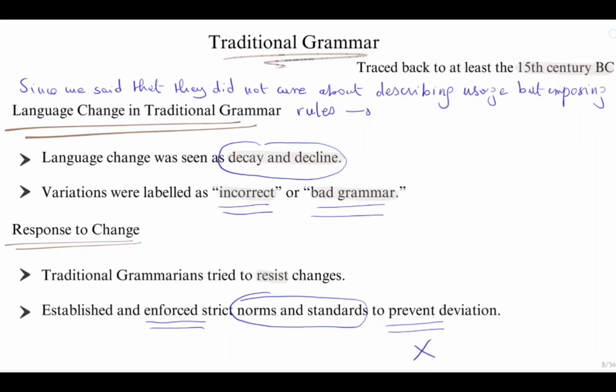They refer to differences, okay? And they were labeled as incorrect or even as bad grammar. Traditional grammarians tried to resist change. They established and enforced strict norms and standards to prevent deviation. All right?